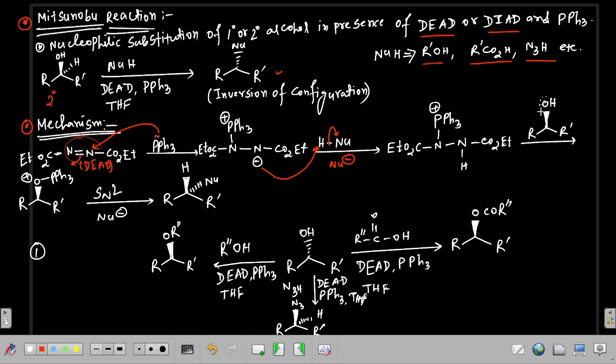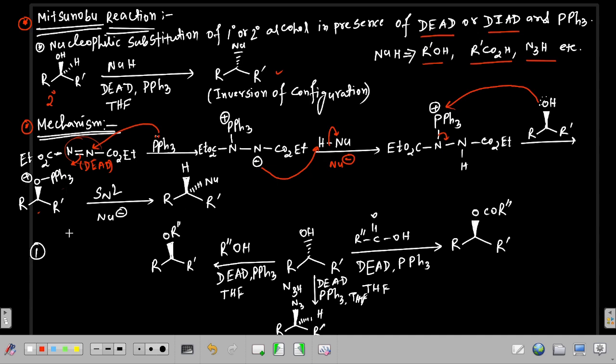Now we have this secondary alcohol. It attacks this species through the lone pair of the hydroxyl, leading to the breaking of this bond and the formation of O plus PPh3.